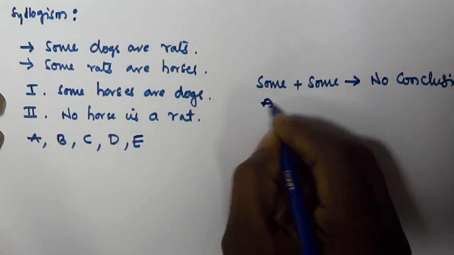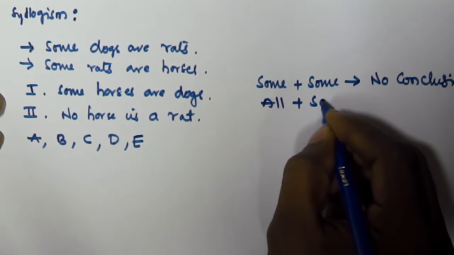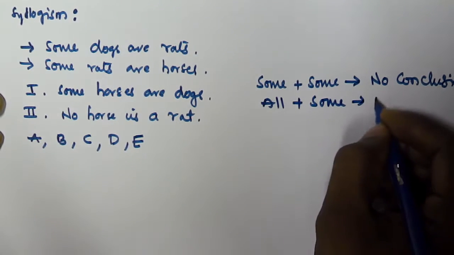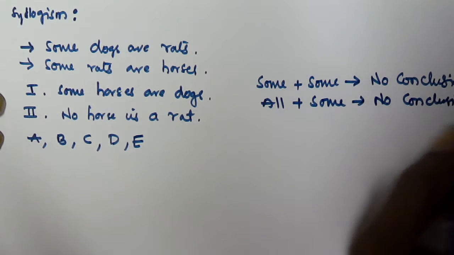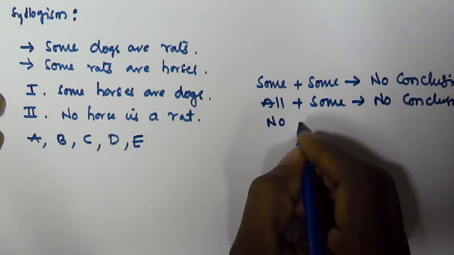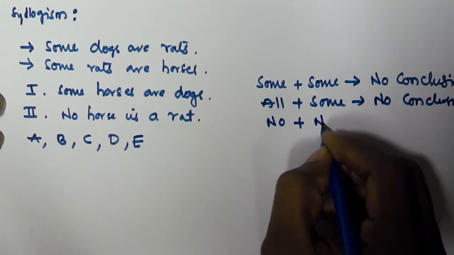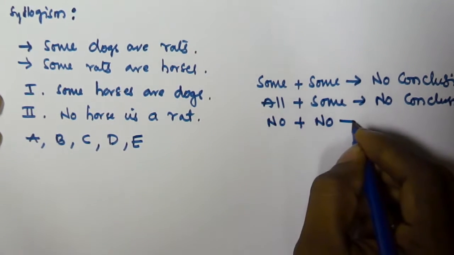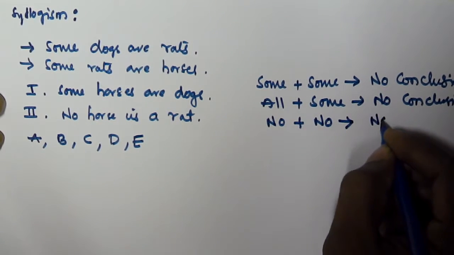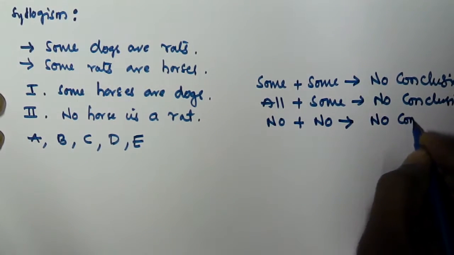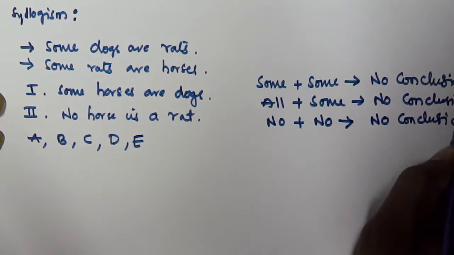In the same manner, all plus some will also give no conclusion. And if the first statement starts with no and the second statement also starts with no, then it is also going to give no conclusion.